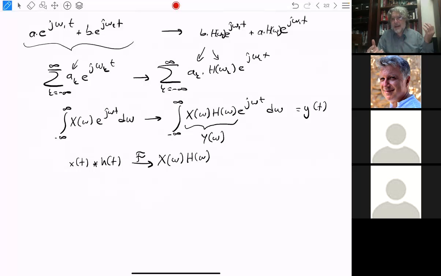When they come into a system, they go out of the system almost the same, except for a scaling with a complex number. And from there, we come up with the definitions of the Fourier transforms and all these formulas.